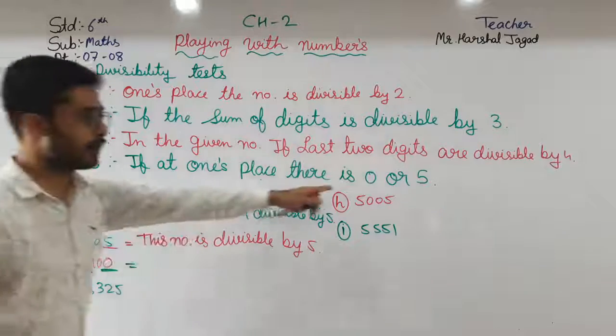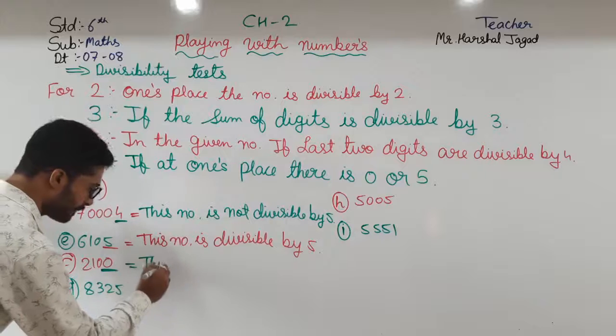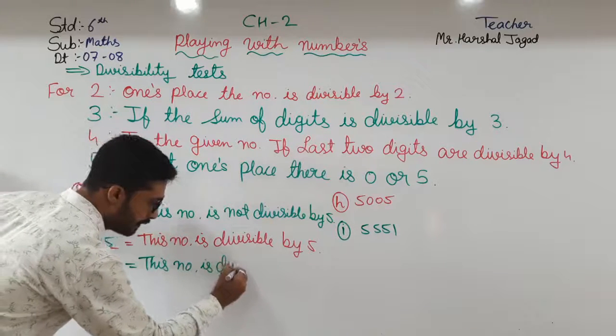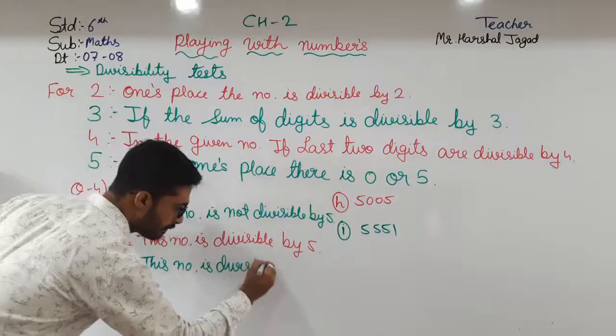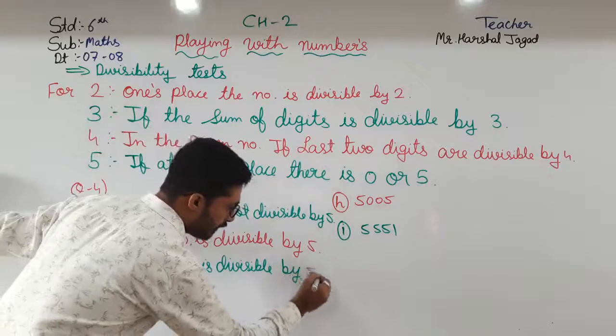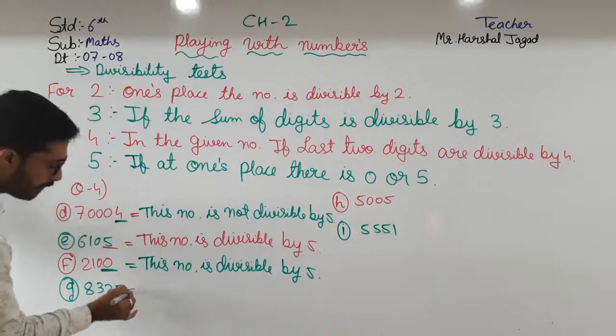Yes, 0 is also included, so this number is divisible by 5. And here also in the G you can see it is 5, so this number is divisible by 5.